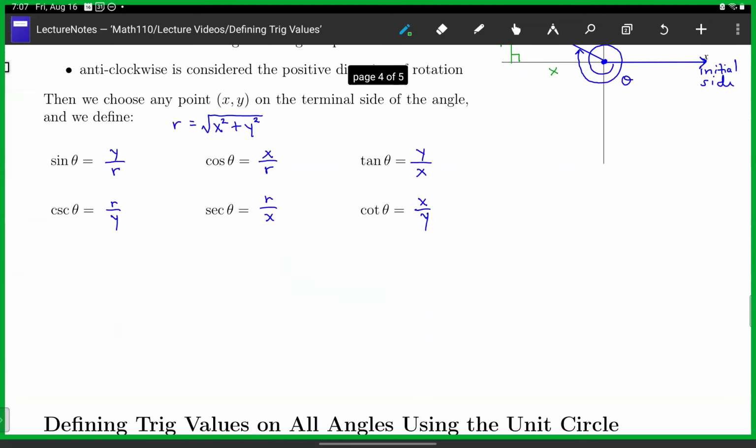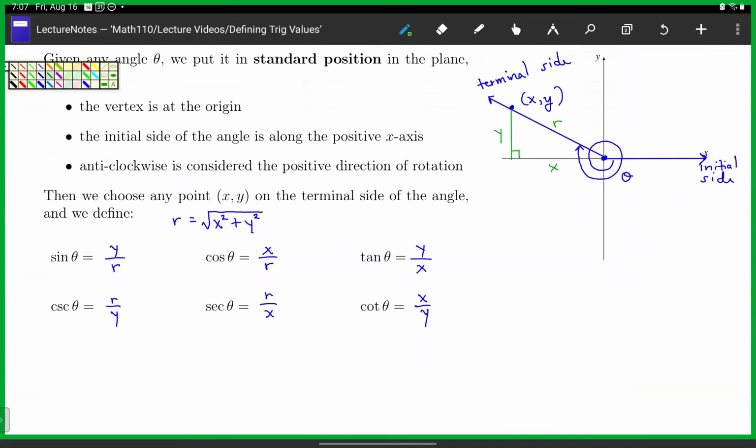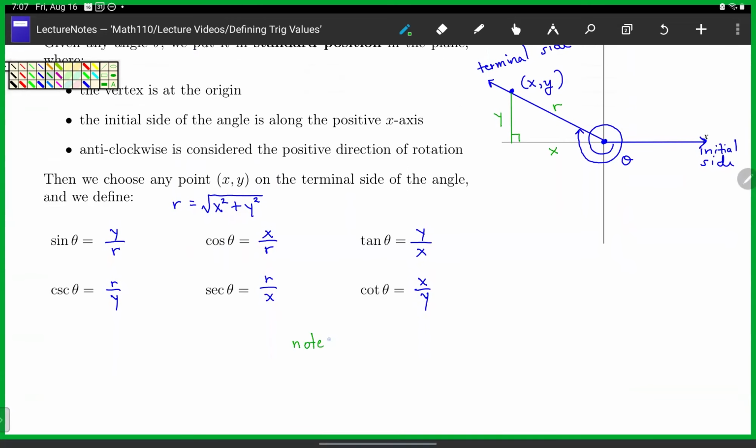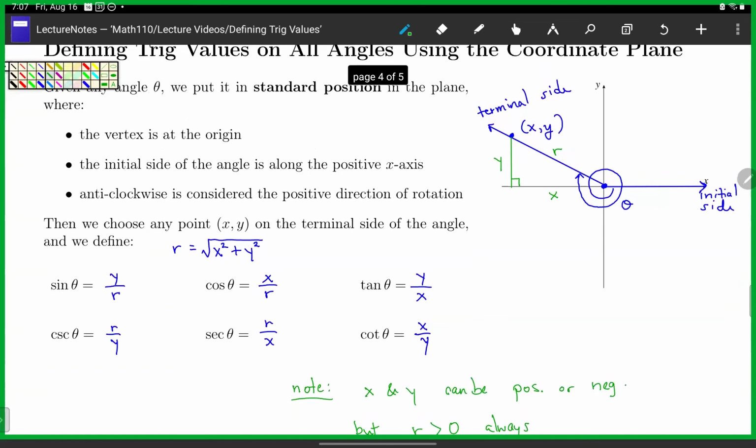What else did I want to say here? I wanted to say, note that x and y can be positive or negative, but r is always positive. So in this particular case, the angle that I drew has a positive y value, a positive r value, and a negative x value.